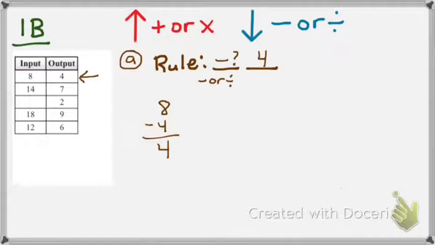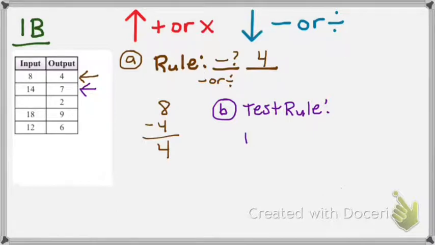As always, I need to go and test my rule to see if it works. That will be part B, test the rule. So to test my rule, I'm going to take any two different numbers that I have not used when I made the rule. So I'm going to take a look at my 14 and my 7. To test the rule, I take the first number, in this case it's the input number, which is 14.